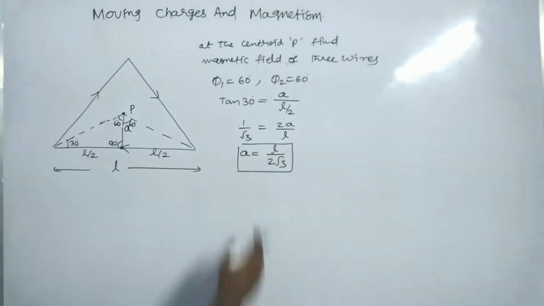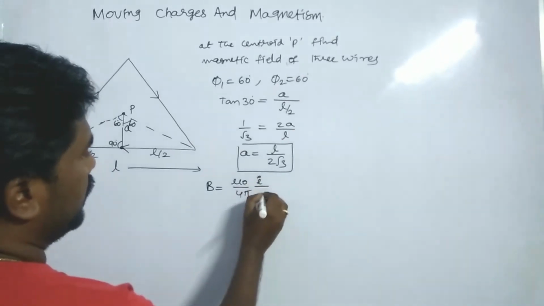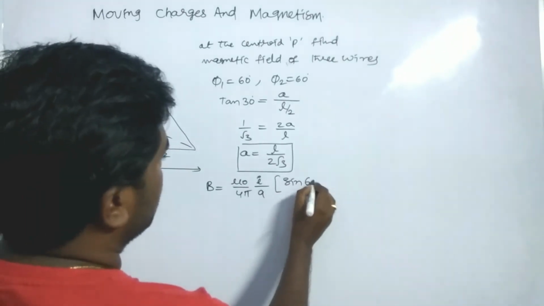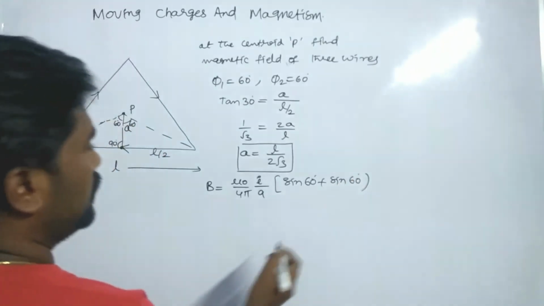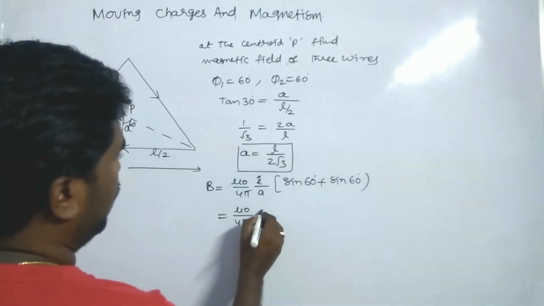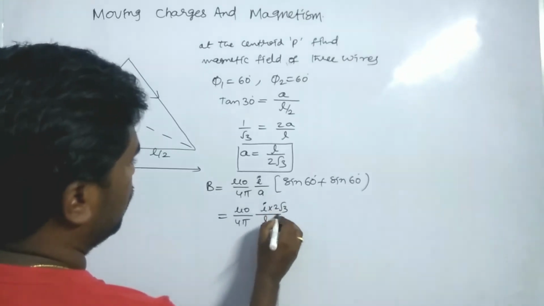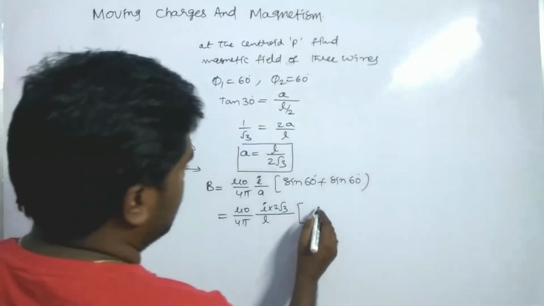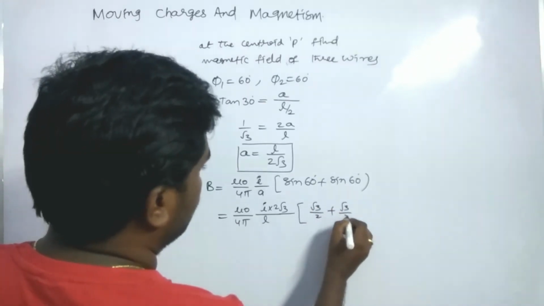Clear? And then the formula is mu naught by 4 pi I by A into sine 60 plus sine 60. So here we have to substitute mu naught by 4 pi, I by L by 2 root 3, into sine 60, which is root 3 by 2, plus root 3 by 2.